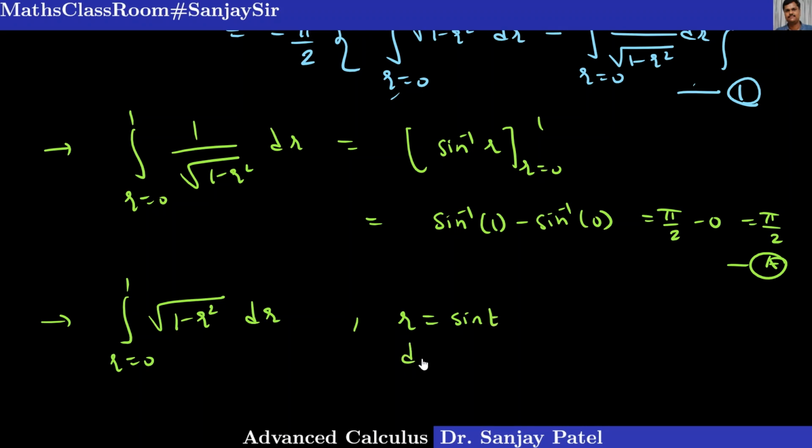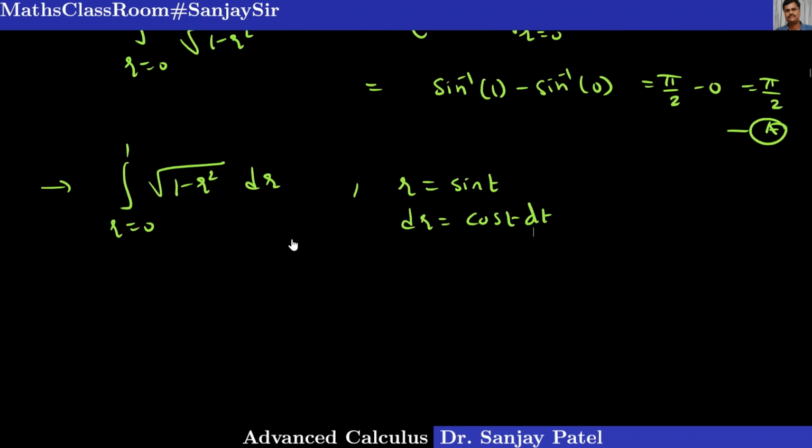So dr is equal to cos t dt. Okay, so this I can write as integral 1 minus sine square t is cos square t, and the square root is there, so it is cos t, and dr is cos t into dt. Dr is again cos t into dt, right?